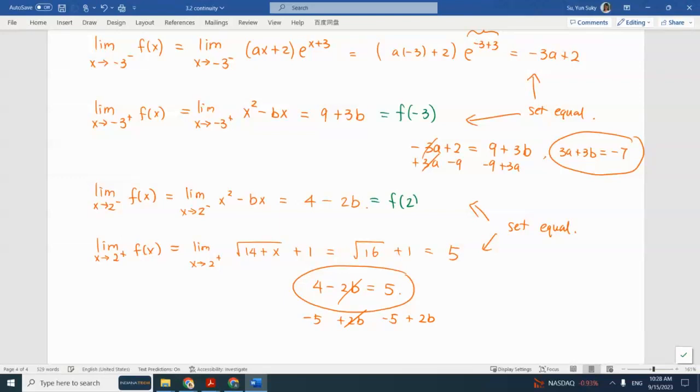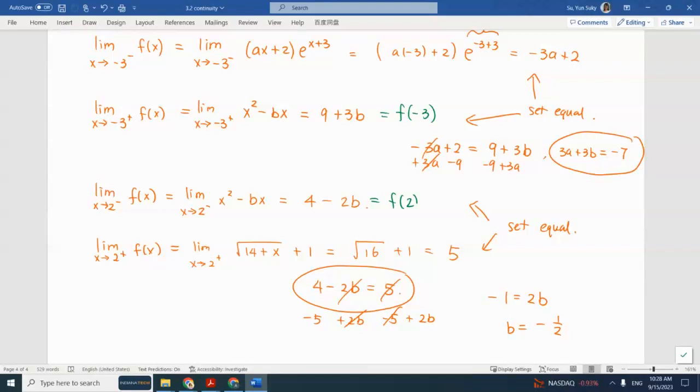Okay, so the left-hand side, what do you get? 4 minus 5 is -1. On the right-hand side is 2b. What is b? -1/2.